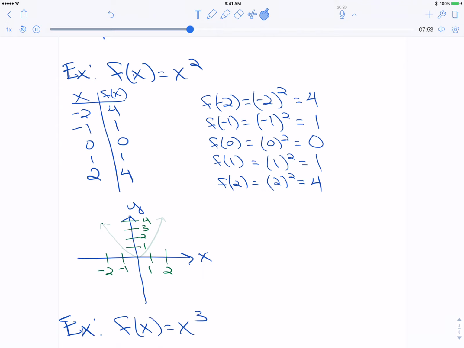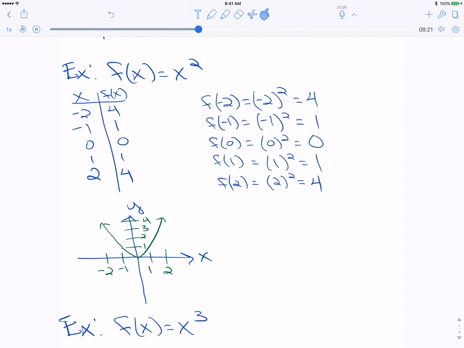And at -1, we go up to just 1, 0, 0, 1, 1, 2, 4. And then we want to connect those guys, and it extends beyond that. So that gives you a rough parabola shape that you would work with for x squared.